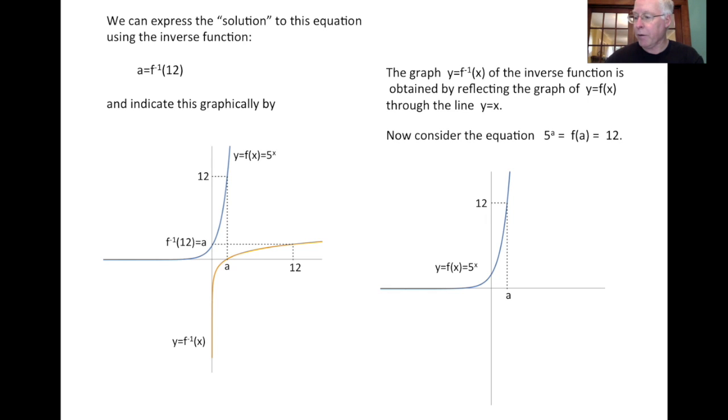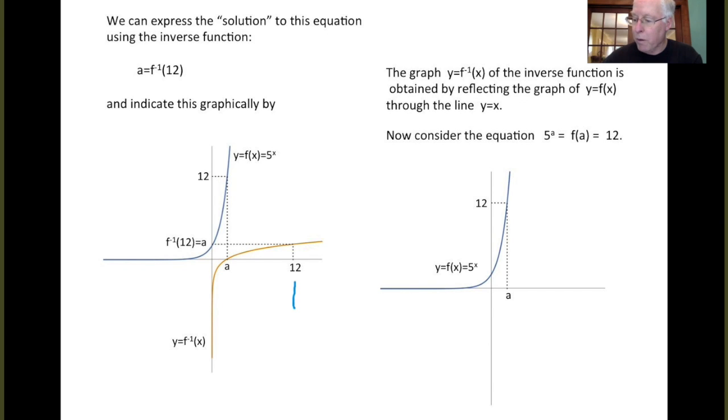And if we take a look at the graph, the situation might look like this. So down here, again, the orange function is the graph of the inverse. We can see taking this number 12 as input to the inverse function, and then out of that comes a. Remember, since a is the inverse of 12, a is the input we need in the exponential function down here to give us the answer 12 back.